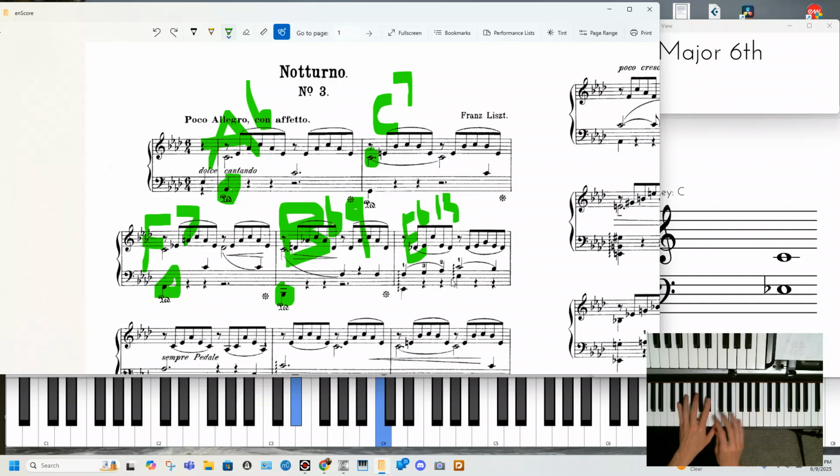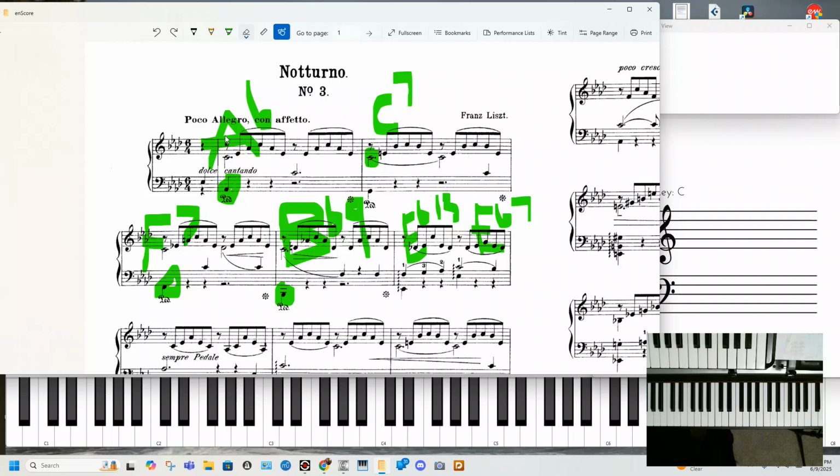And then still the 13, or the 6 in this position. The 6 resolves to the 5 here, and then here we just have a more pure, although still dissonant, E flat 7 chord.